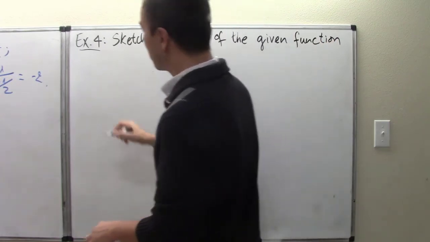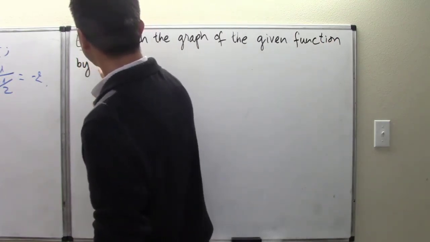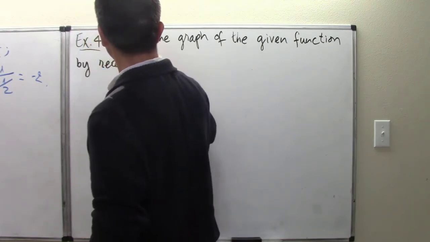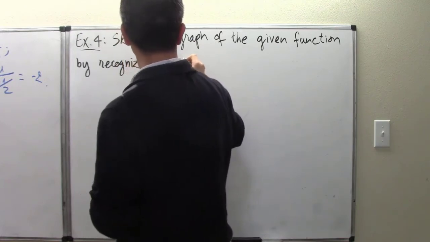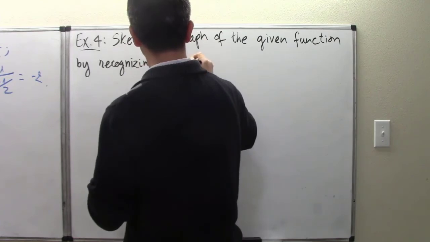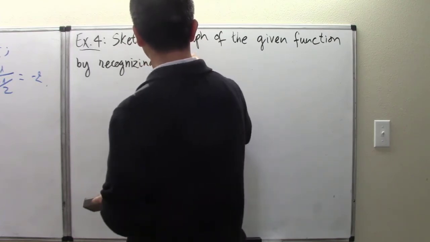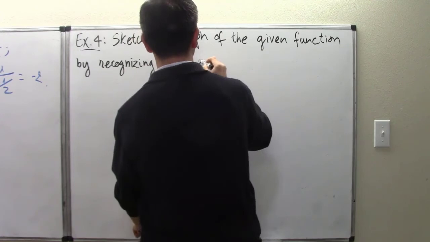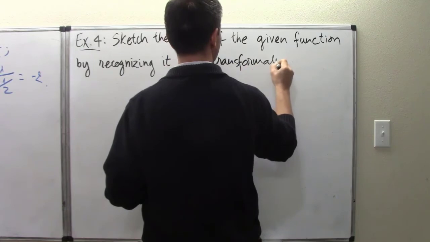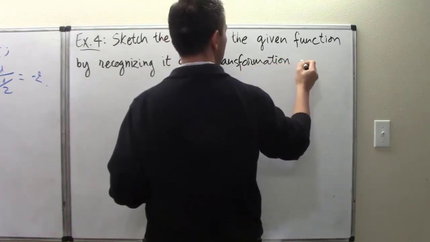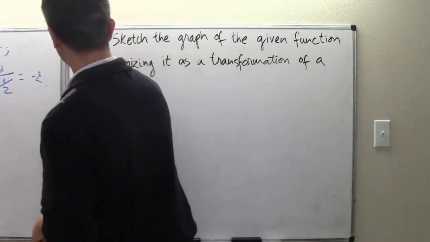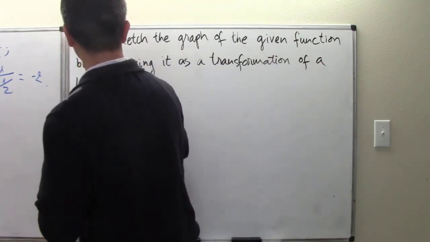Sketch the graph of the given function by recognizing it as a transformation of a known function. All right, so just like that again, of a known function.